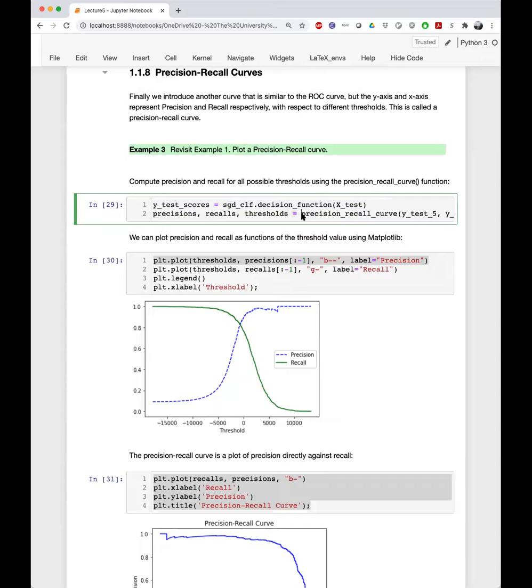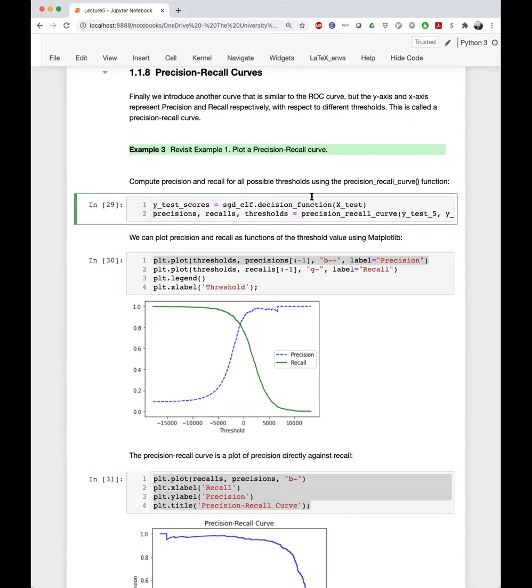Again, it's related to multiple thresholds, like the ROC curve. Each point on the ROC curve corresponds to a certain threshold. Same thing here. We want to make a plot of precision versus recalls. We need to consider different thresholds. One threshold gives us a precision and a recall. So we'll consider different thresholds.